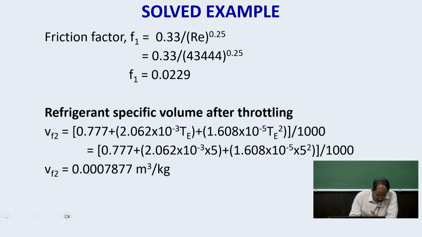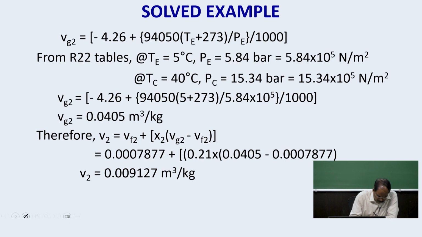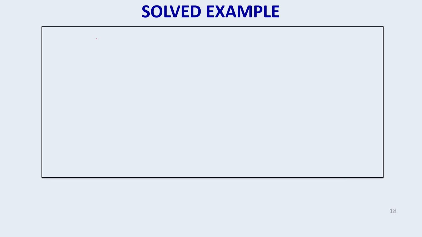So friction factor is 0.33 divided by Reynolds number to the power of 0.25, or 1 by 4.